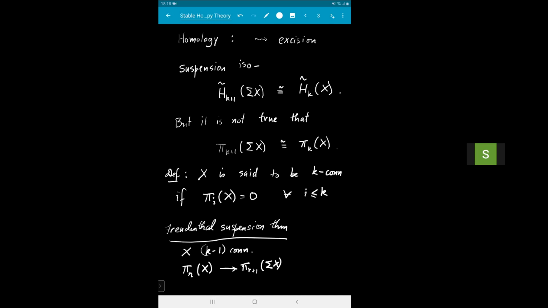So you get a map from S^(r+1) to the suspension of X. So that's the suspension homomorphism, sigma, or often it is also denoted by E.